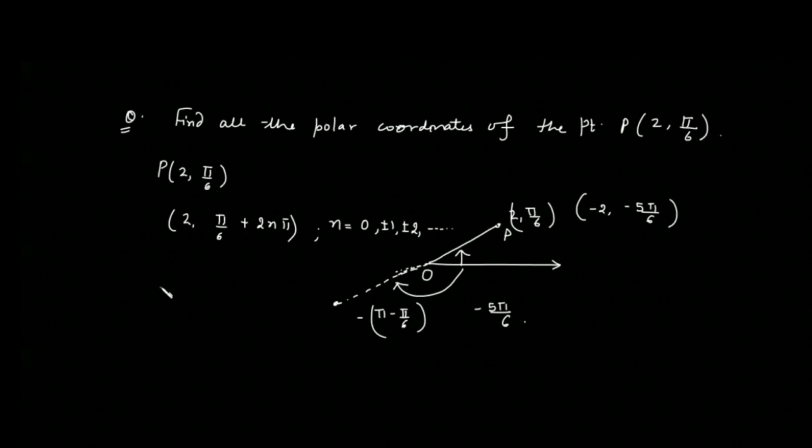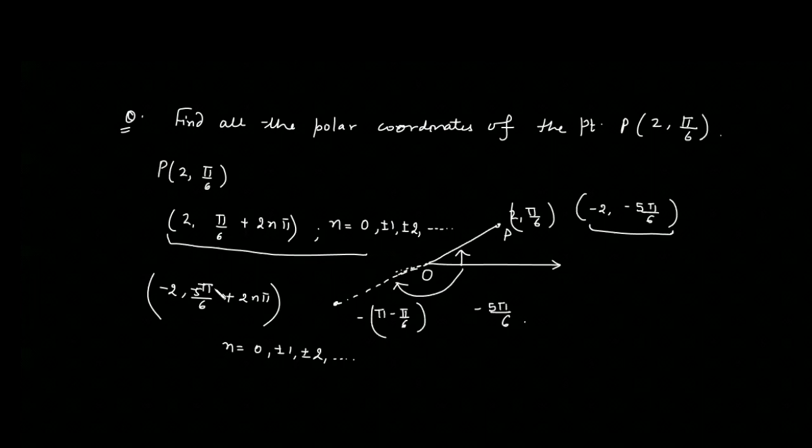So again in this one, if you add 2n pi, where n varies over 0, plus minus 1, plus minus 2, all these are other representations of the point P. So these are the representations of the point P with forward distance, and these are the representations of point P with backward distance.